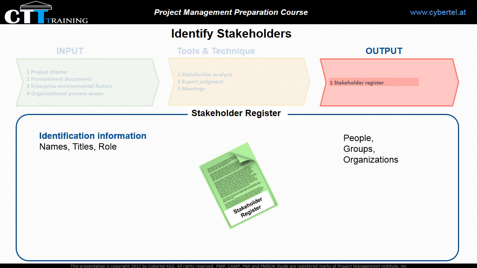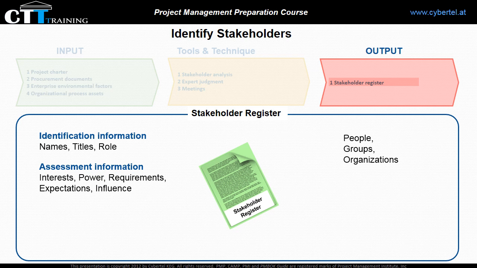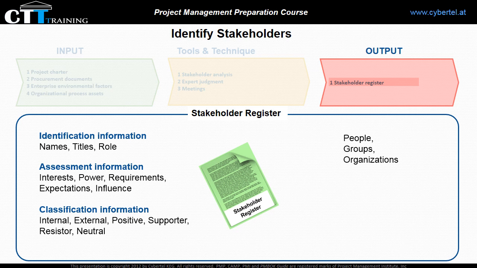Identification information includes their names, title, and role. Assessment information includes interest, power, requirements, expectation, and influence. Classification information, for example, whether the person is an internal, external, positive, supporter, resistor, or neutral stakeholder.